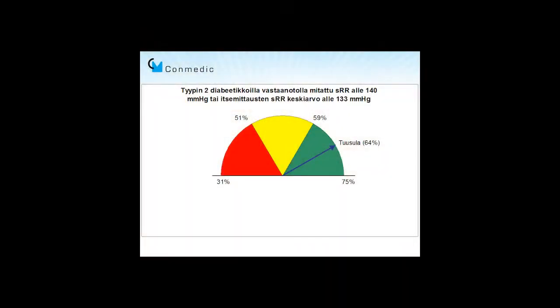And the GPs get back their results in different scales, like you get the core indicators in this way, where the meter shows where you are placed, and it shows how you are doing, how your health center is doing compared to the others in the country.